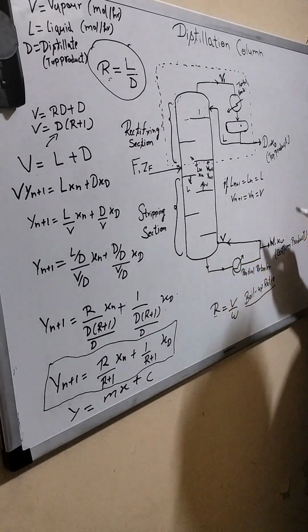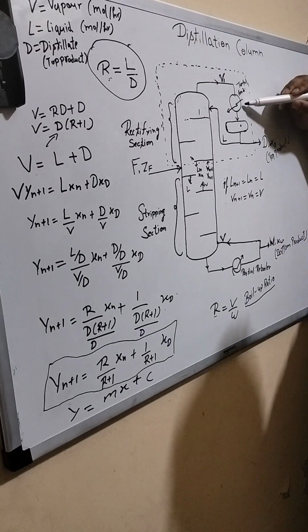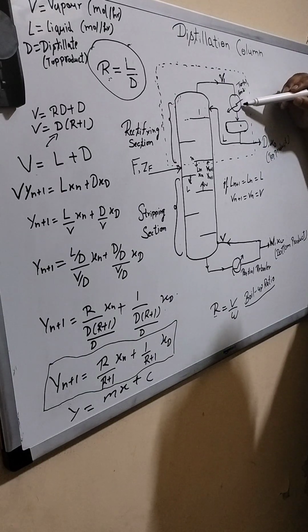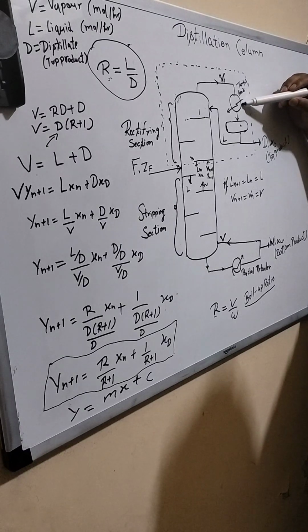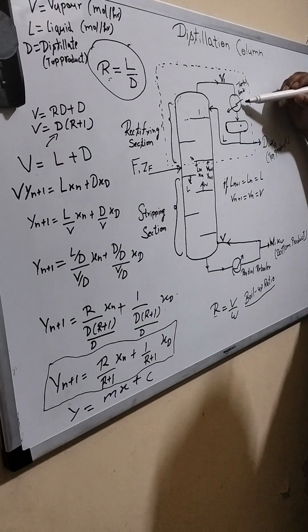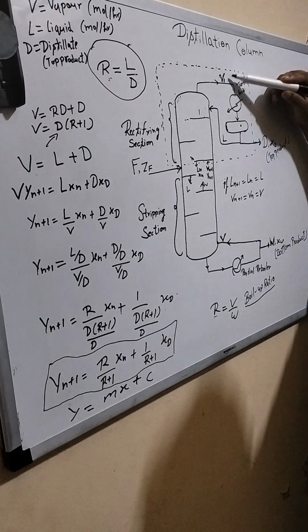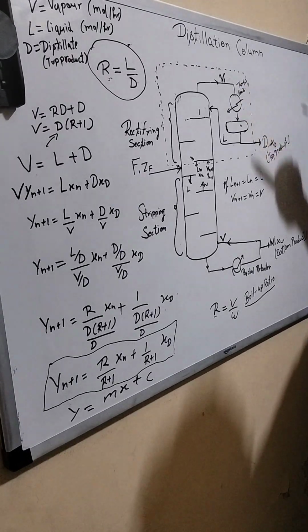Sometimes the interviewer can ask the question, what is the duty of the total condenser? In the condenser we generally use cooling water. Sometimes in various industries we also use chiller or coolant, but generally we use cooling water. How much cooling water you require to condense this vapor is known as the duty of the condenser.